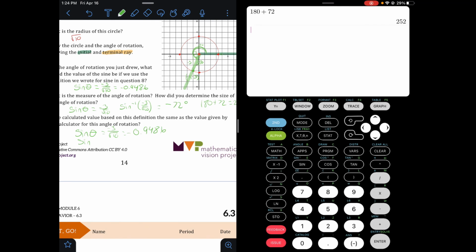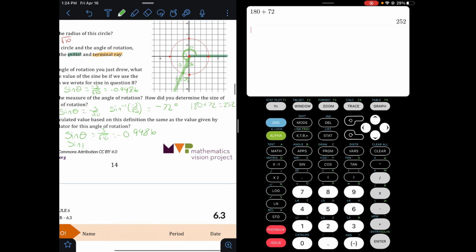Let's type in sine of 252 and check if we did it right. Sine of 252 gives me negative 0.95, which is real darn close. That would just be a rounding error, since we rounded this to the nearest whole number. So yeah, it works out.